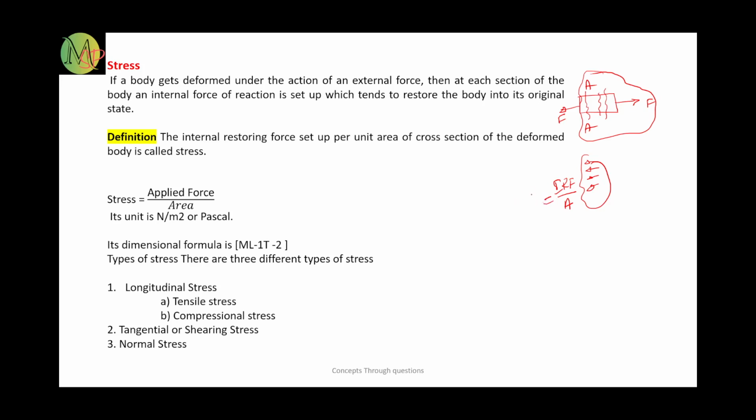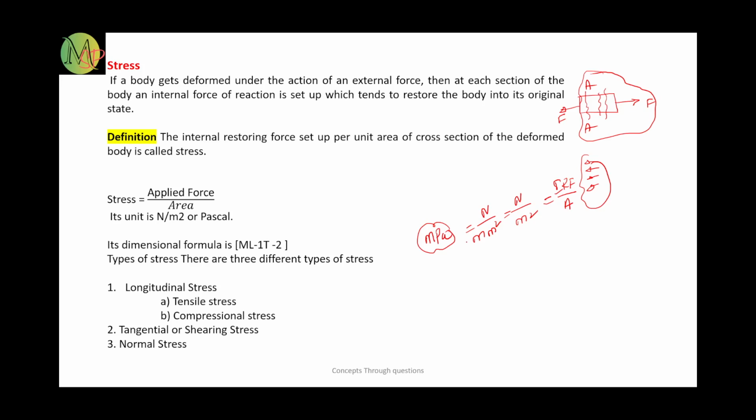The unit of stress is Newton per meter square, or Newton per mm square. Newton per mm square is also known as megapascal. So if a question is asked on stress, simply, stress is internal resisting force per unit cross-sectional area.